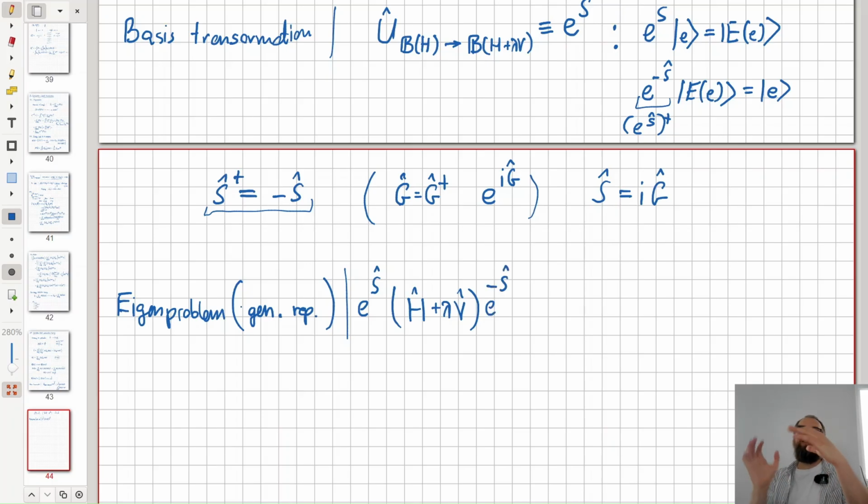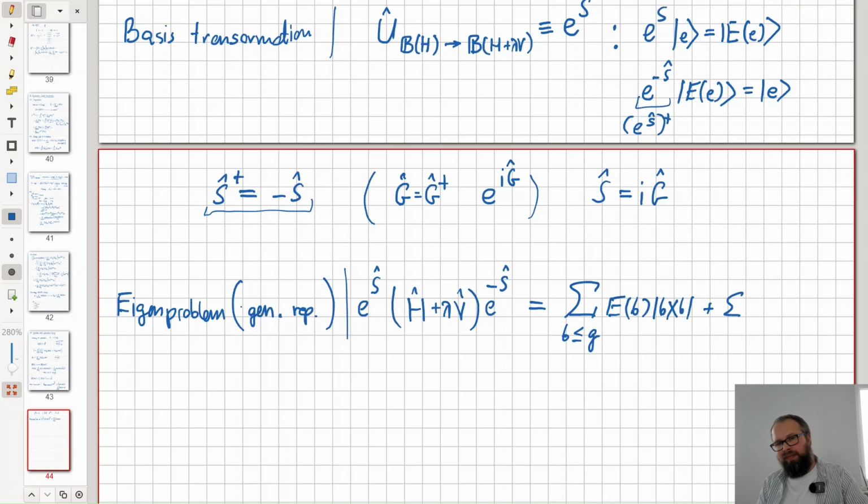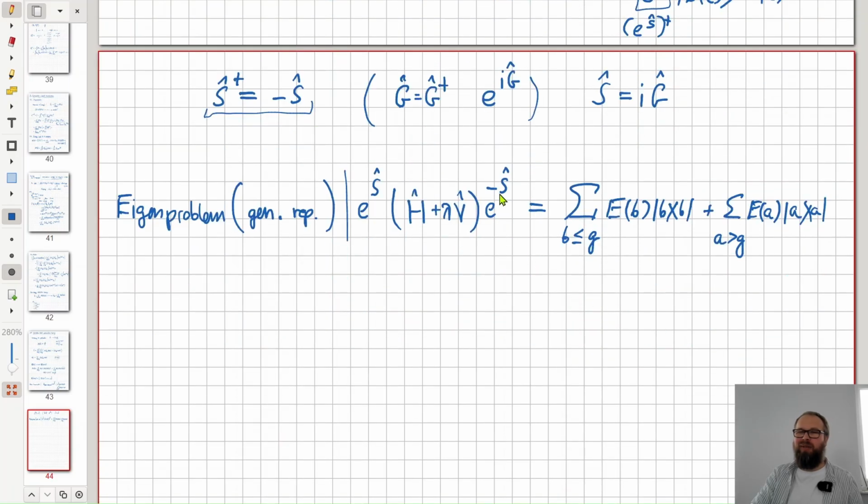We take the operator and move it to a different basis, and this will perform the diagonalization for our guy.